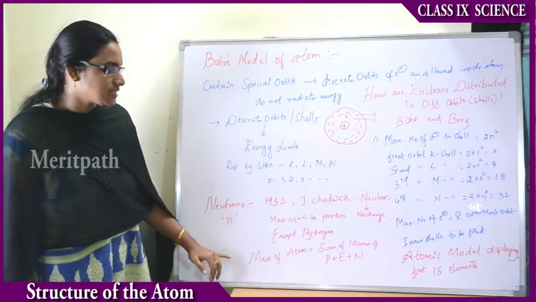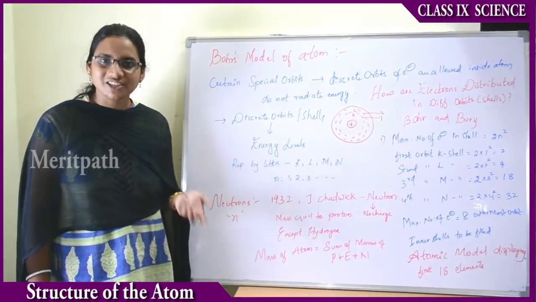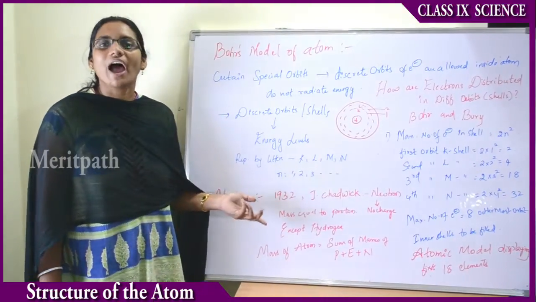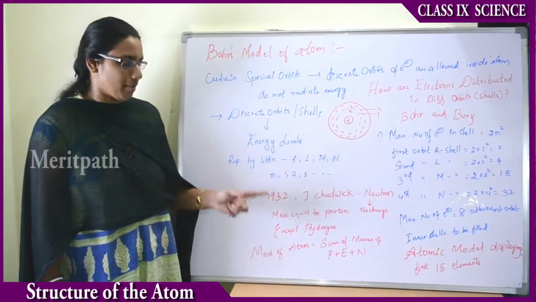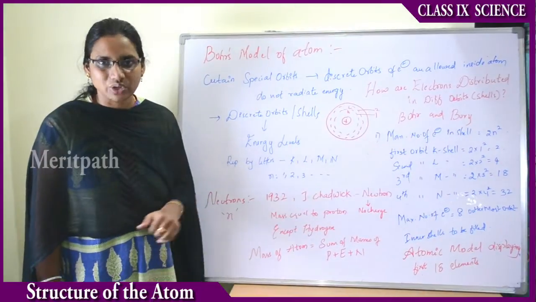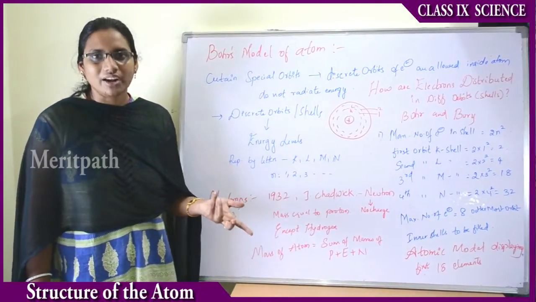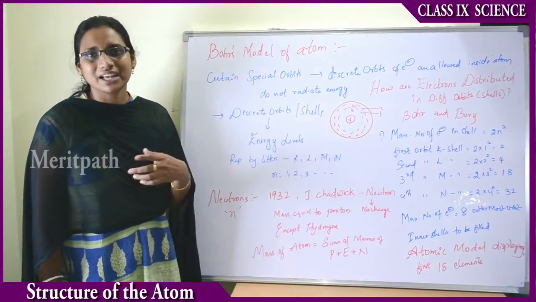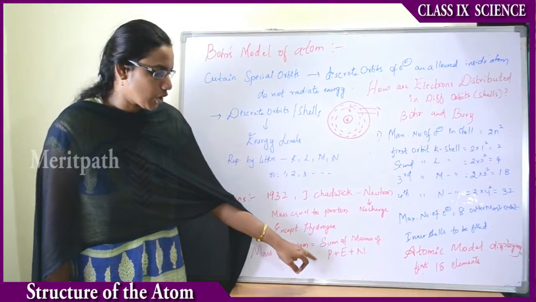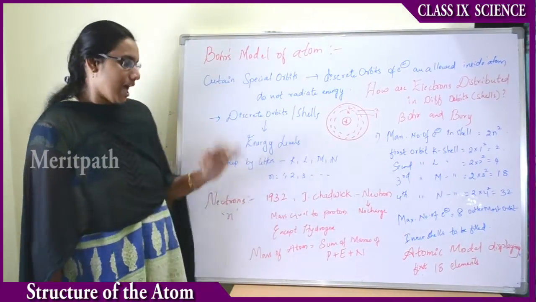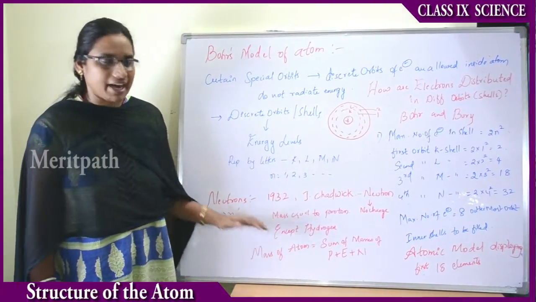Thus, in order to find the mass of an atom, we have to add all the masses of these subatomic particles, that is the masses of proton, electron and neutron. The electron, we have said already, is negligible because it has less mass, so we consider the proton mass and neutron mass, and we calculate the mass of the atom.